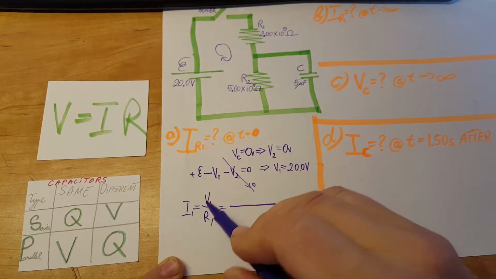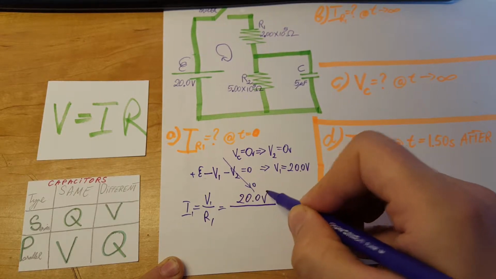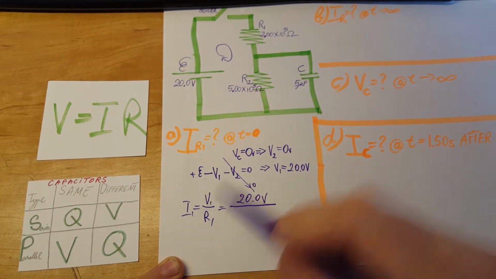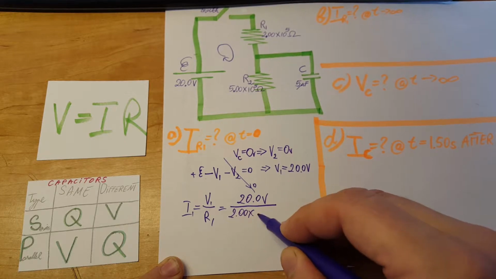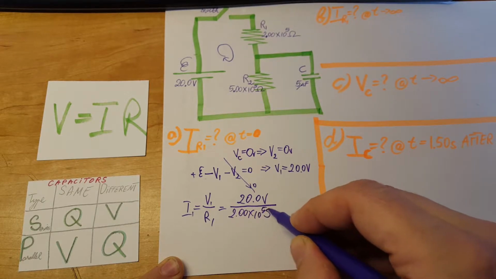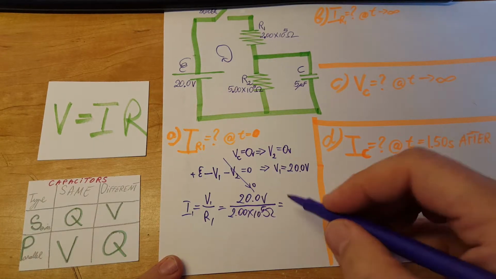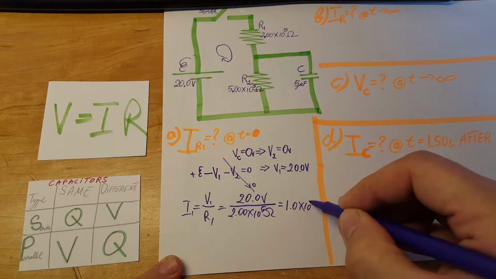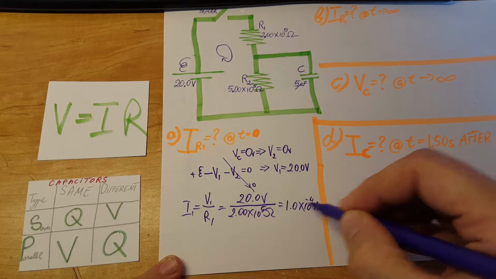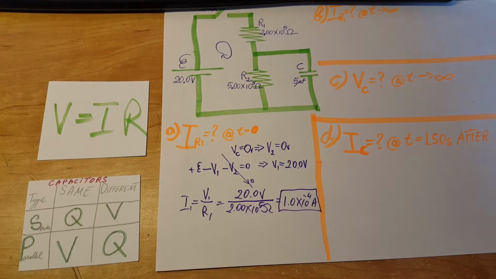Let's plug in V1, we just found it, 20 volts, resistance is given, 2.00 times 10 to the 5th ohms, and if we calculate it, it's gonna give us a value of 1.0 times 10 to the -4 amps. That's our answer for part A.